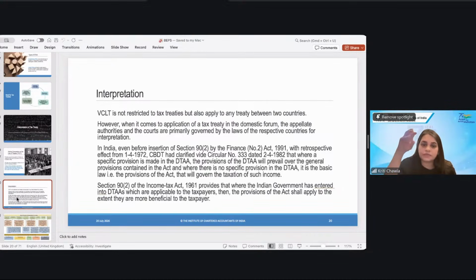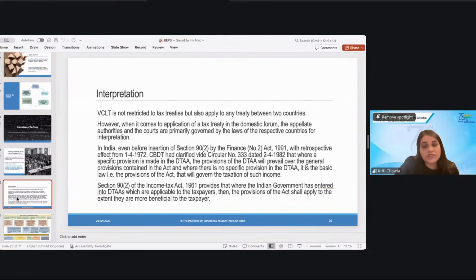If you see in India, even before the insertion of Section 90, subsection 2, the CBDT came up with a circular where they basically said that where there is a specific provision in the DTAA, then that specific provision will prevail over the general provision contained in the Act.